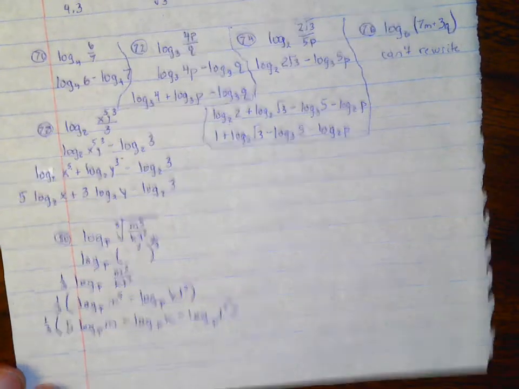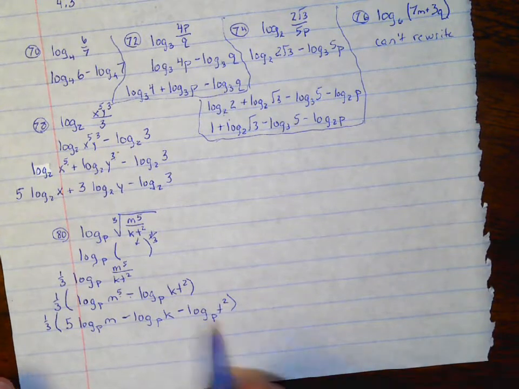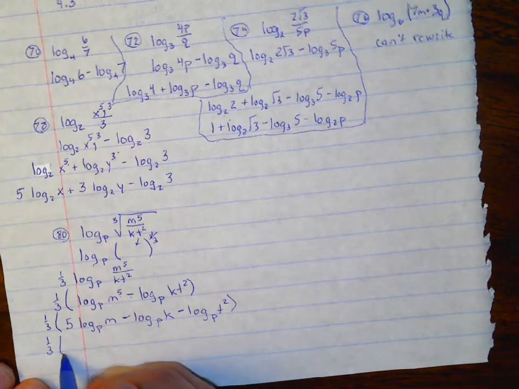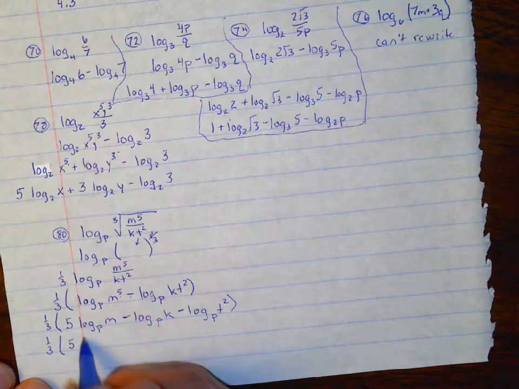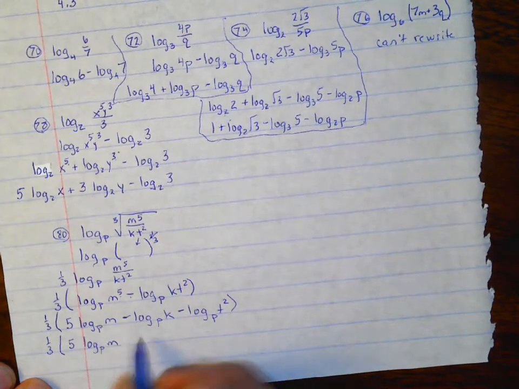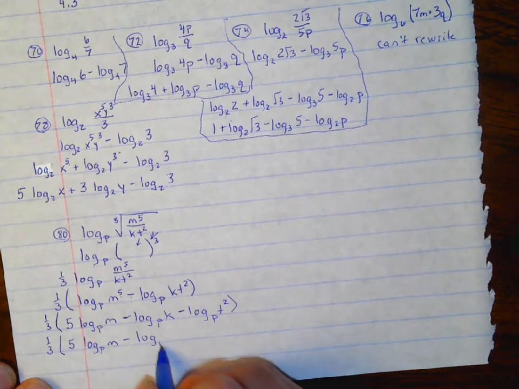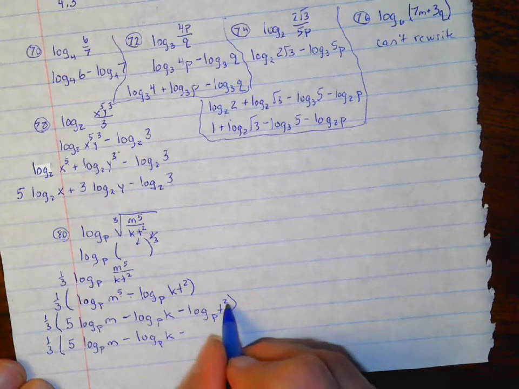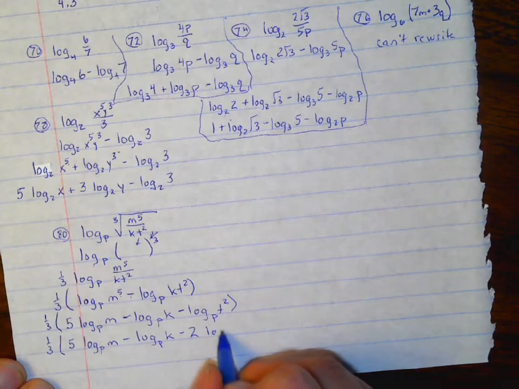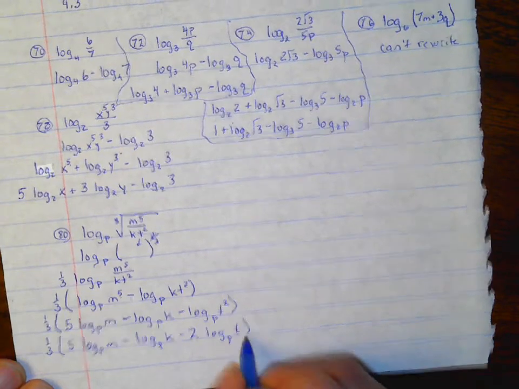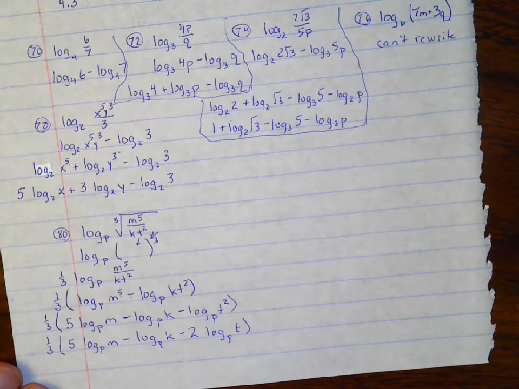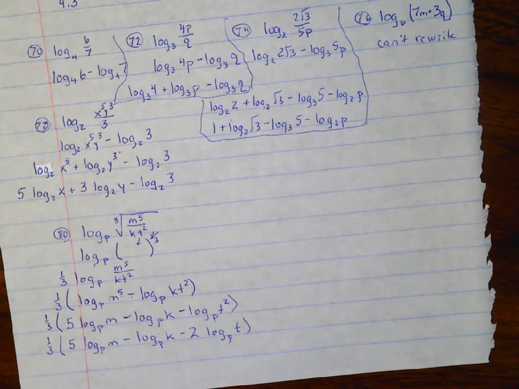Okay, once again, I can take this 2 using the power rule, 1/3 of 5 log base p of m minus log base p of k minus 2 log base p of t. You could take that 1/3 and distribute it through. You don't need to though, we can leave it like that.